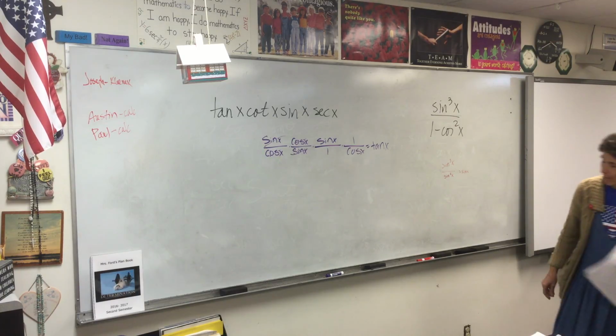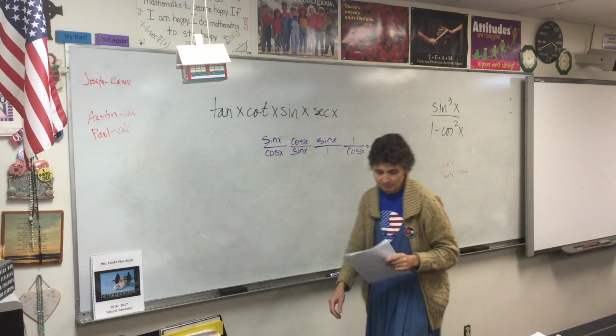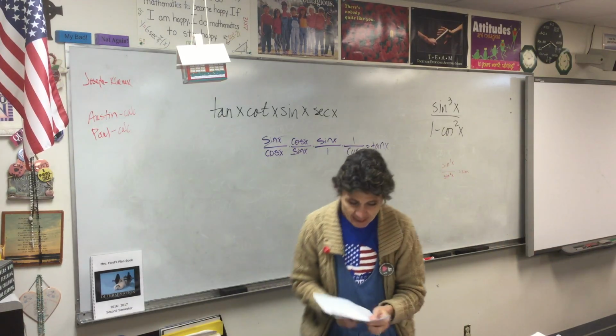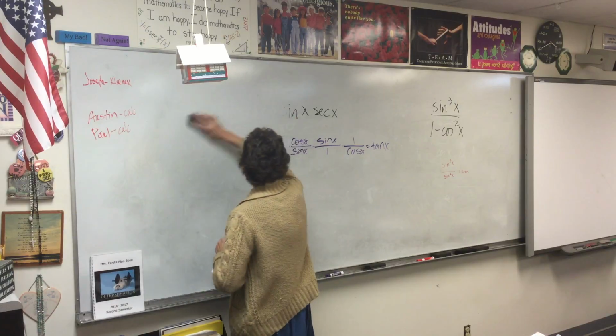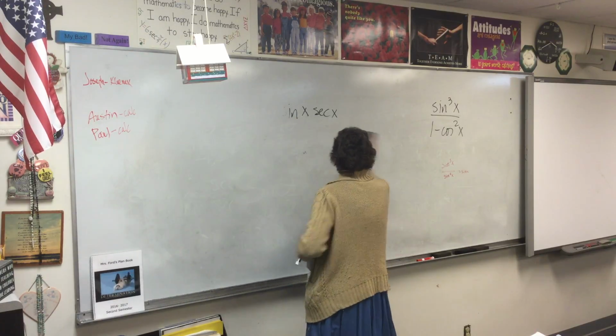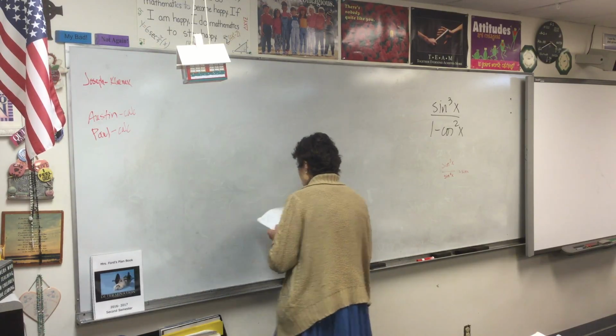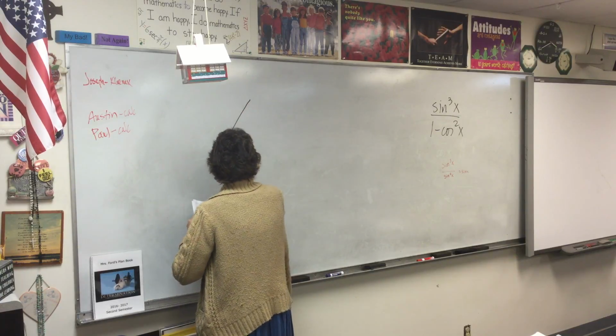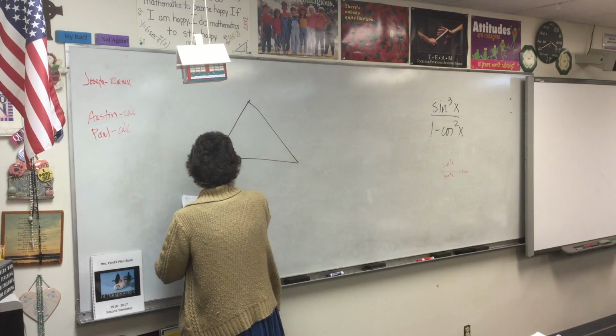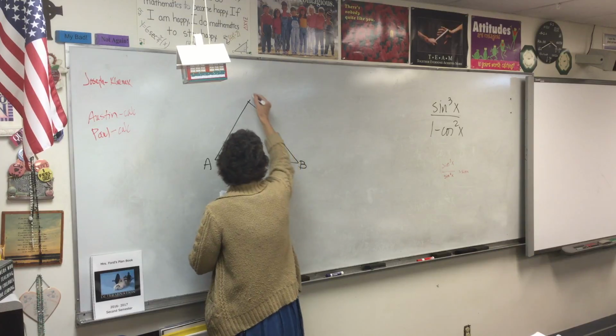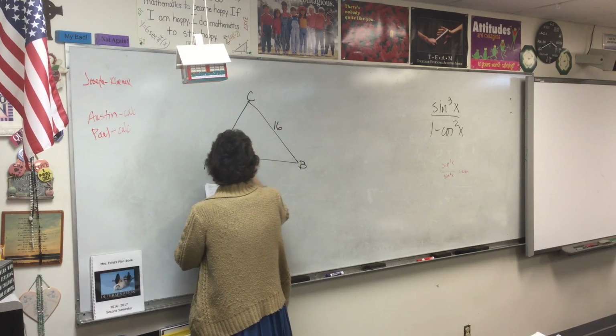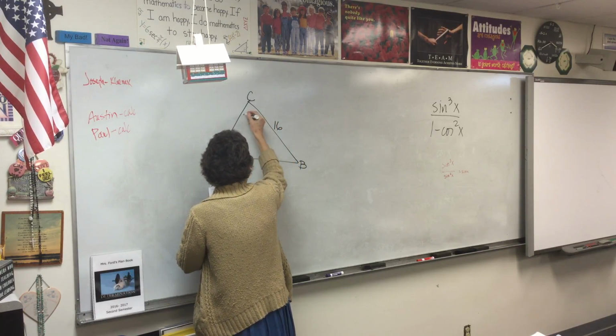All right, look at problem number 1, or A. It says solve the triangle. Now, the first thing that I want you to notice, kids, is that this triangle is not a right triangle.